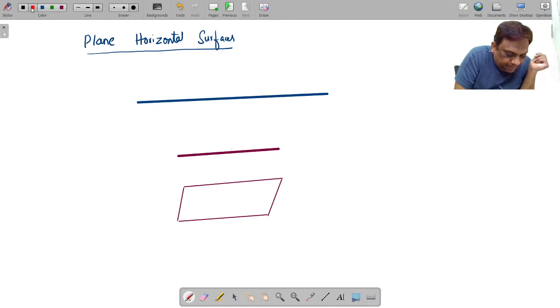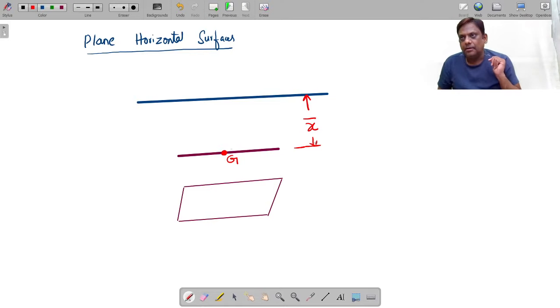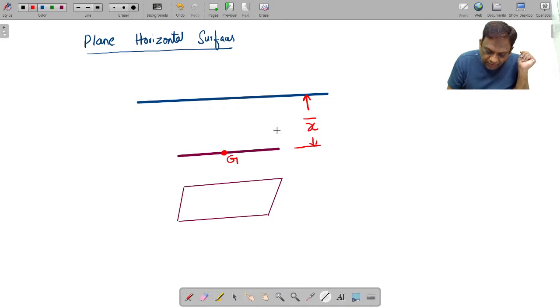Now, let this be the center of gravity, which I will write as x bar. Now, what will be the pressure here? First, we'll see the pressure at any depth. Pressure at any depth is rho g x bar. Now tell me what is the pressure here?